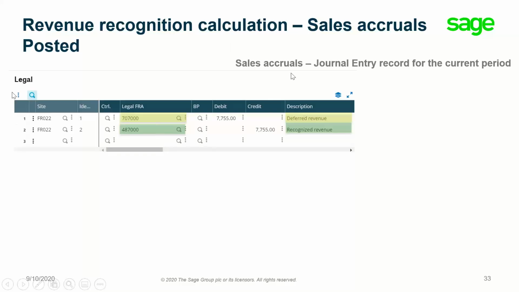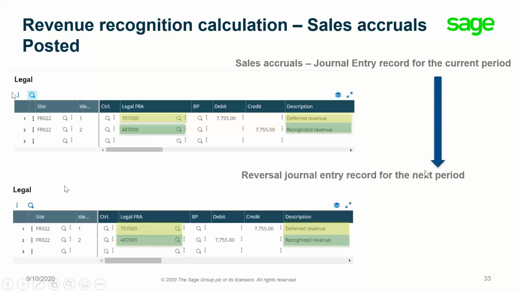Once I have validated my calculation, the system will automatically generate a journal entry record for the current period. And then the system automatically generates a reversal journal entry record for the next period, because it doesn't mean that I will have to pay back to my customer what I have owed him.